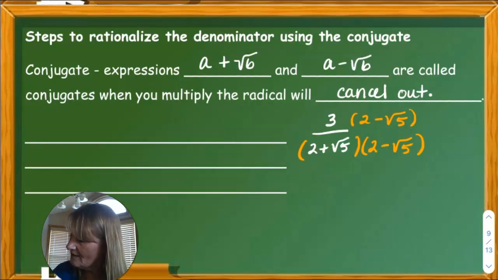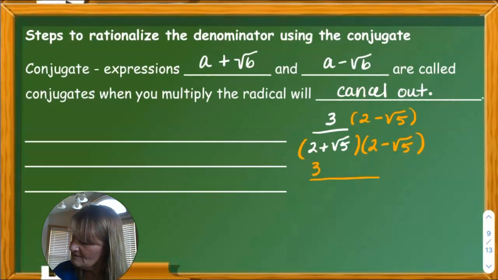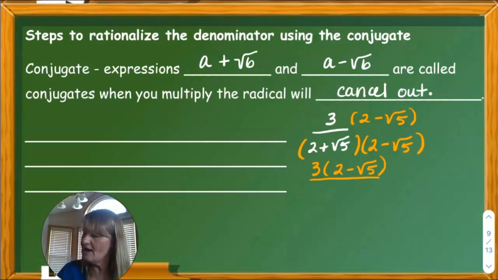Now, work with the denominator. I'm just going to rewrite this piece of it. Sometimes you'll want to go ahead and distribute it, but for now, I'm just going to rewrite it. Let's do FOIL. First is the 2 times 2, so that's going to be 4. My outside is the 2 times the negative square root of 5, which is a negative 2 square root of 5.